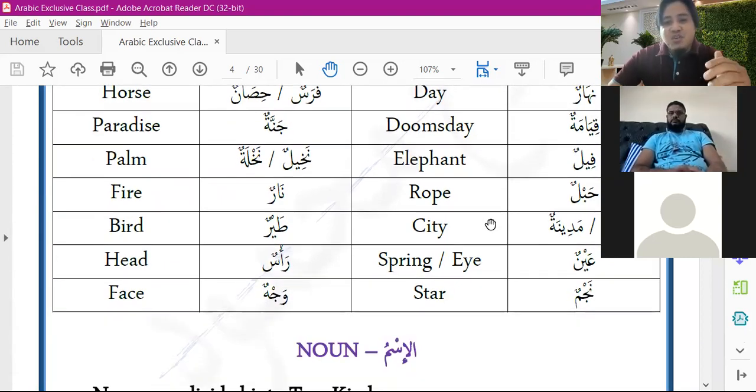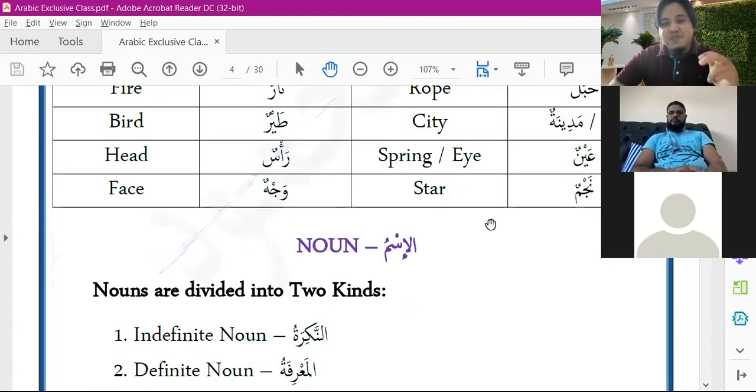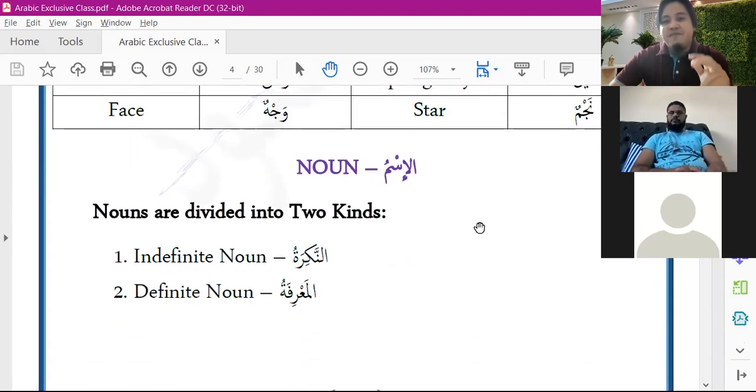Now, I want to first introduce the difference between two kinds of nouns, the indefinite noun and the definite noun, so we are aware of when to use each in a sentence, inshallah. An indefinite noun is an unspecified thing that we are talking about.